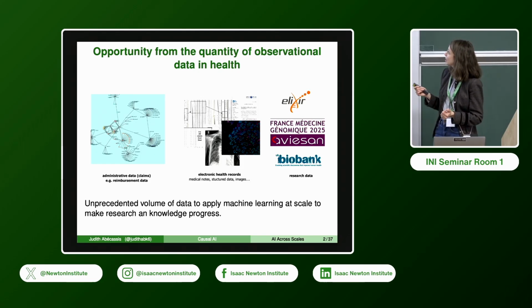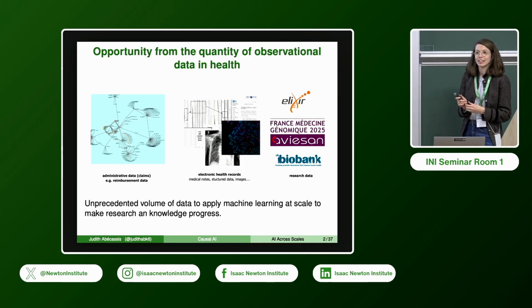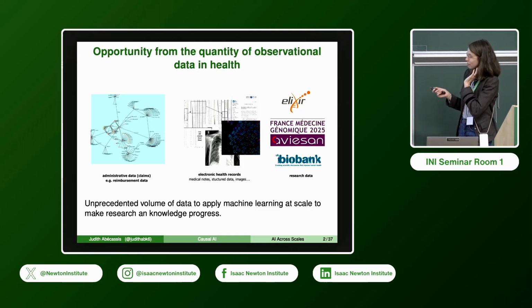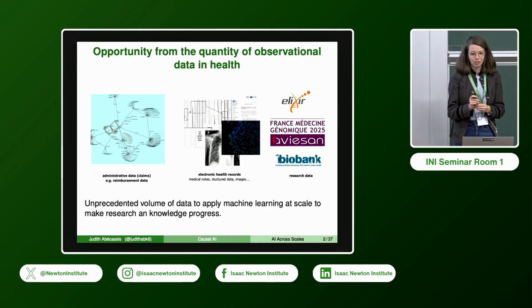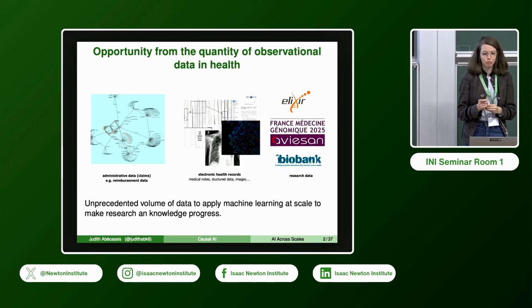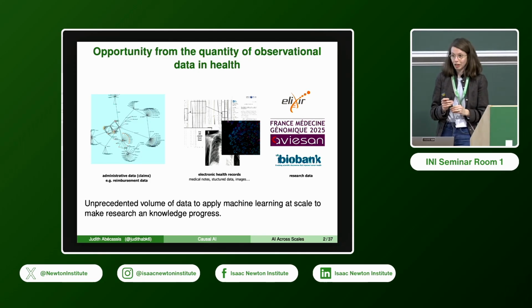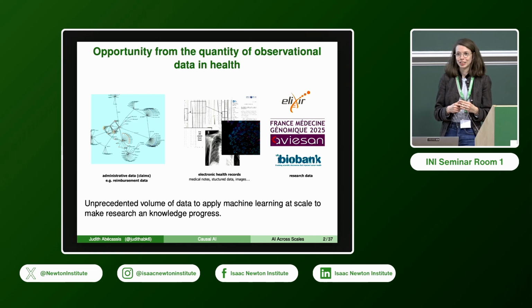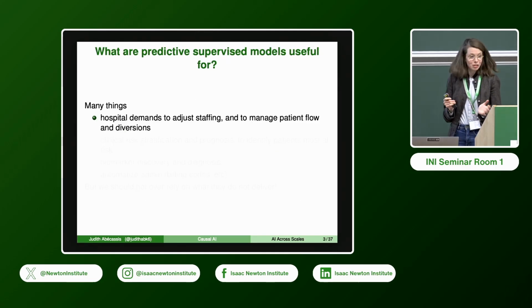Also, hospitals hold electronic health records, and of course, all the data that is produced for research is stored in many databases that are reaching millions of individuals. So there is a big hope now of how we can leverage all of this data and state-of-the-art models to just advance knowledge and science. And it's not that easy.